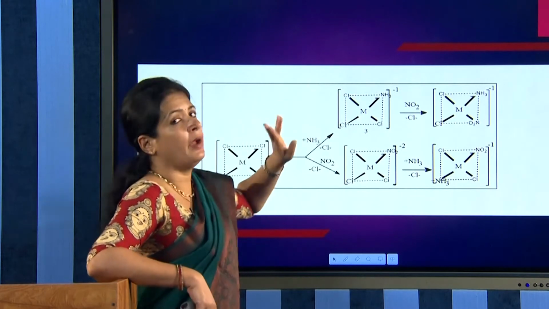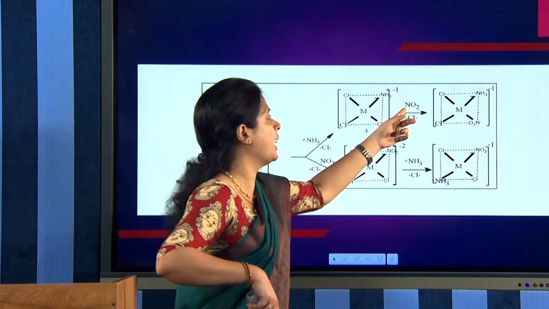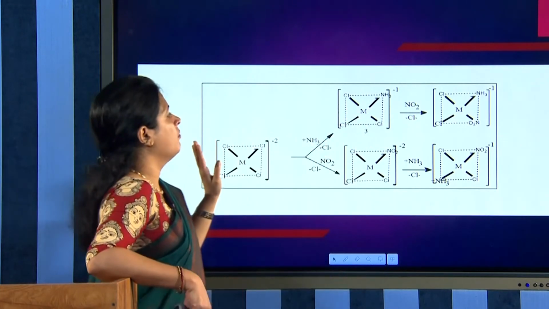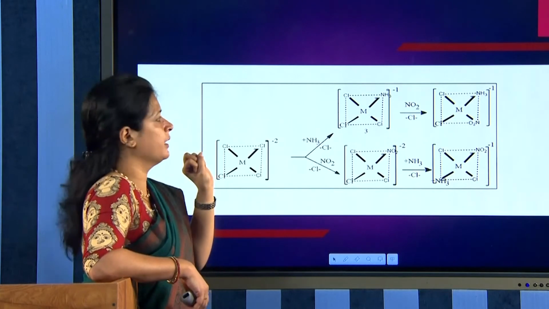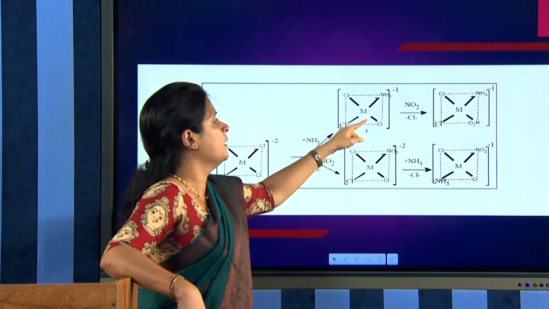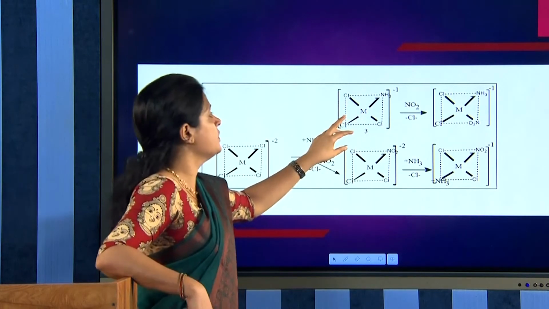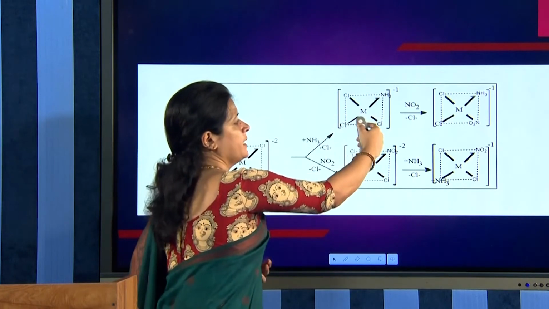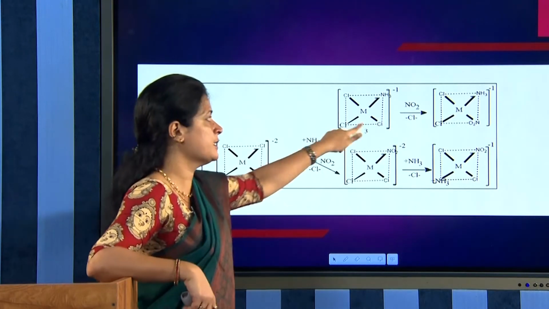And now if I am adding another ligand, NO2 minus is added to the complex. What is the determining factor now? I have to consider the trans-directing ability of the ligands already present. Which are the ligands present? It is ammonia and Cl minus. And which is having the greater trans-directing ability? It is Cl minus.